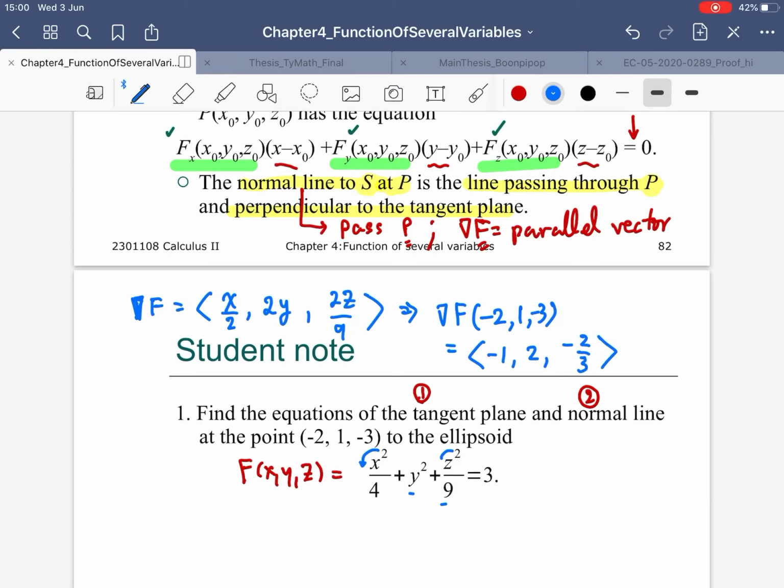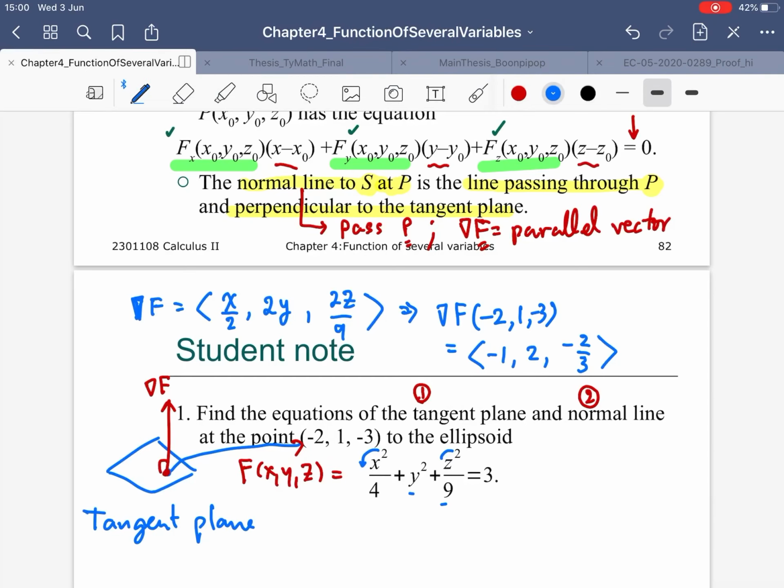So the tangent plane is simply the plane that contains this point and has as its normal the gradient of f at this point as well, at the point that it's passing through.